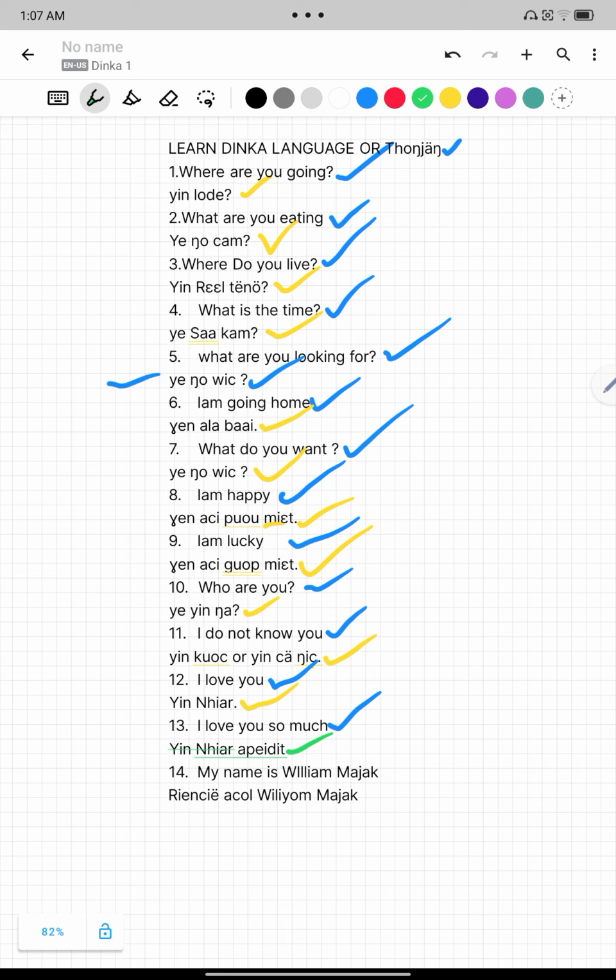So number 14. My name is William Majak. Rianche Achol William Majak. Rianche means my name is. Achol means is called William Majak.